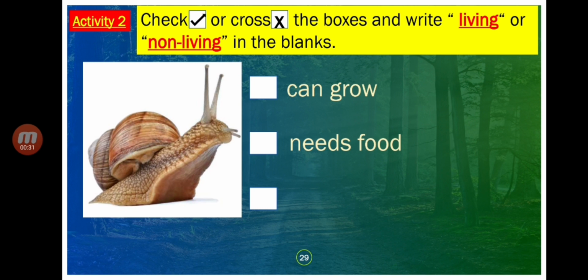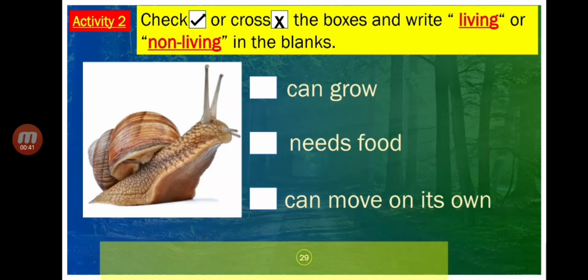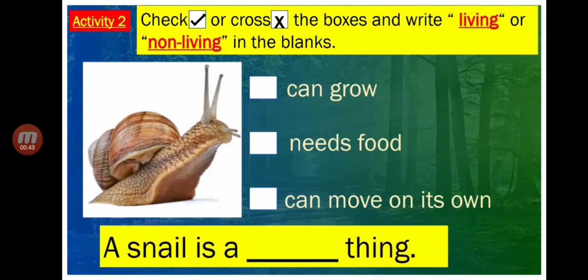Next, snail needs food, check or cross. And snail can move on its own? Check or cross. And a snail is a blank thing. Is a what? Living or non-living? Again, a snail is a blank thing.